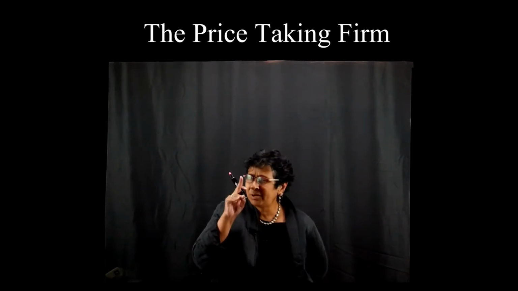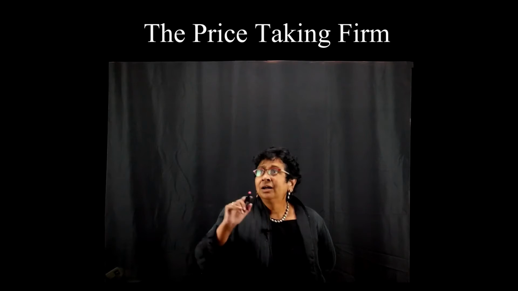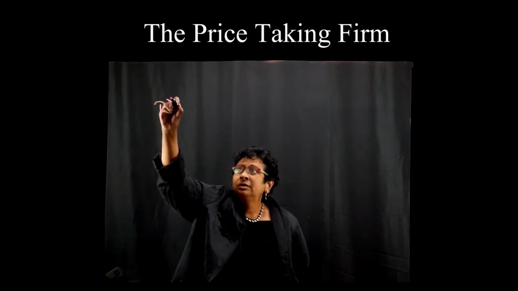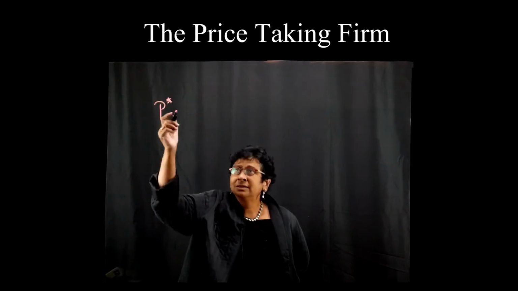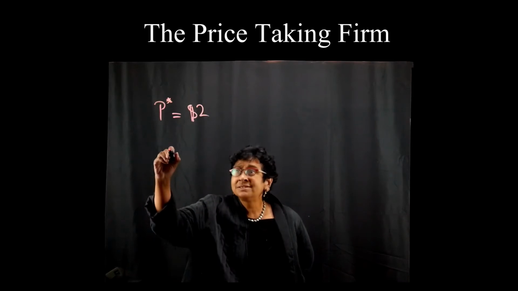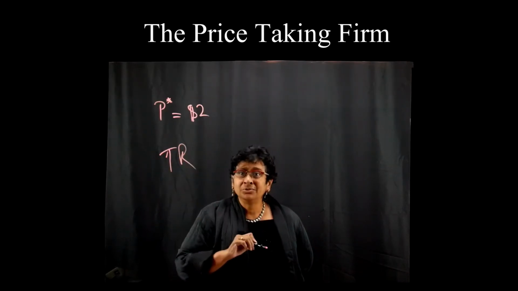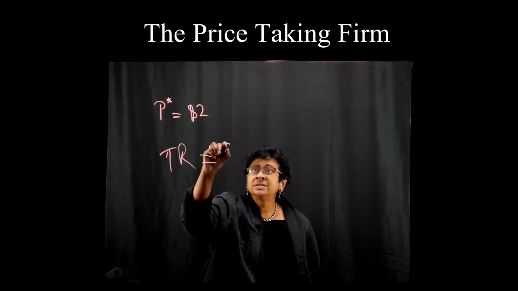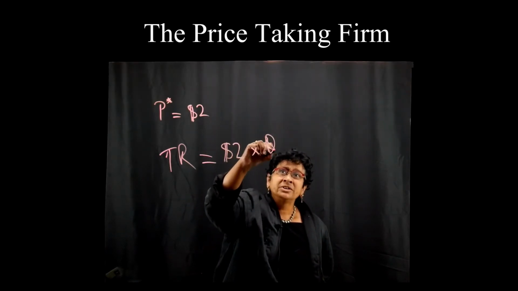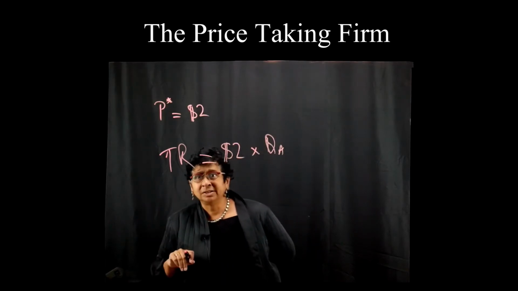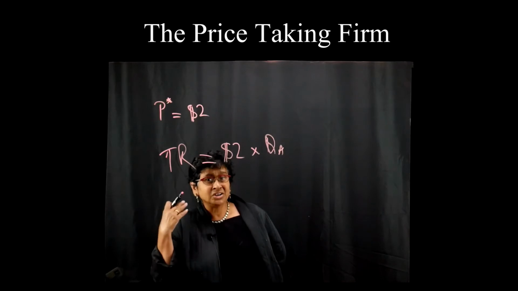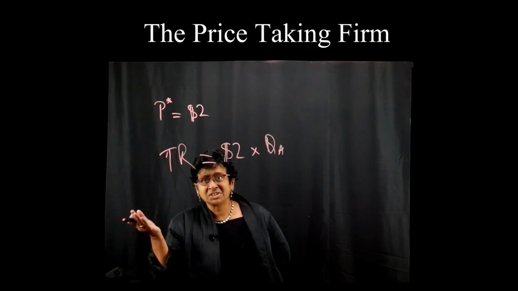In or out of equilibrium, you're just looking at the price. A firm will take a look at the price of a good. So let's say that the price of apples is $2 per apple. Then that means that the total revenue you get from apples is equal to $2 multiplied by the quantity of apples you try and sell. And because you're a price taker in a perfectly competitive market, you just take the price, show up and sell how much you can.